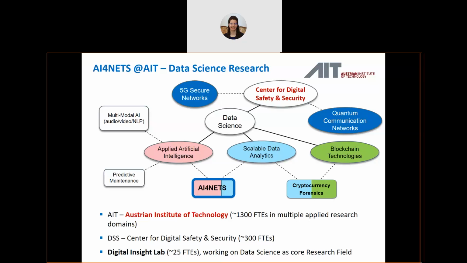Within data science, AI4NETS is more a mix of applied artificial intelligence. We don't develop new machine learning or AI algorithms, but we try to apply them and tailor them to the different use cases that we have to face. And the field of AI4NETS is basically a mix of applied machine learning, or sorry, I will be abusing the term AI a little bit.